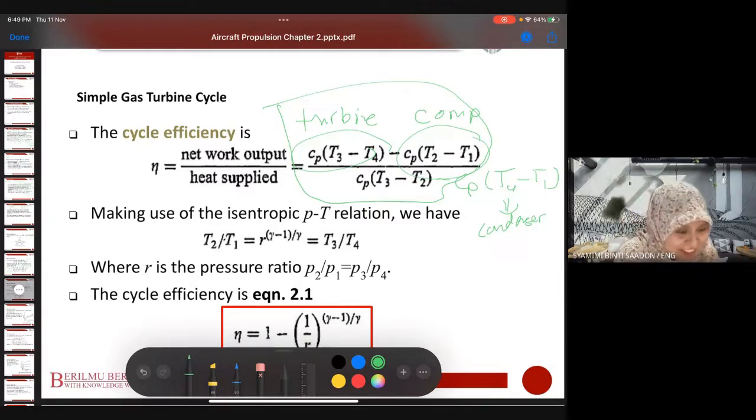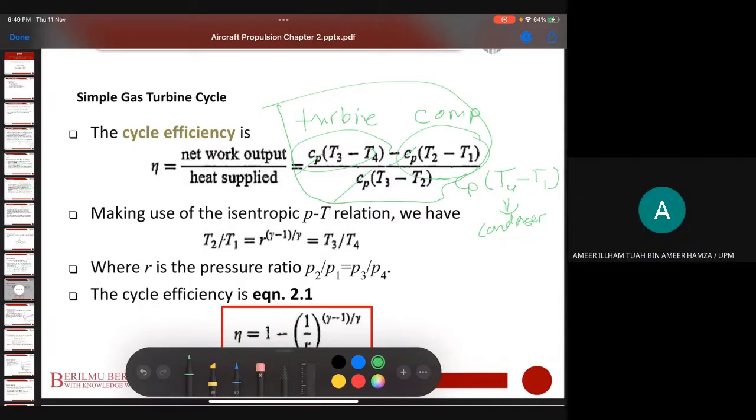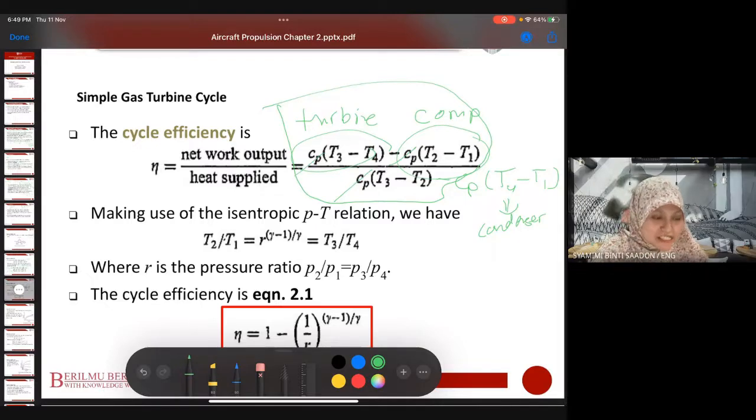But in this equation, if the Cp is the same and constant, actually we can eliminate it. So if we assume only air, ideal, and Cp is constant, the same, we can just eliminate the Cp.